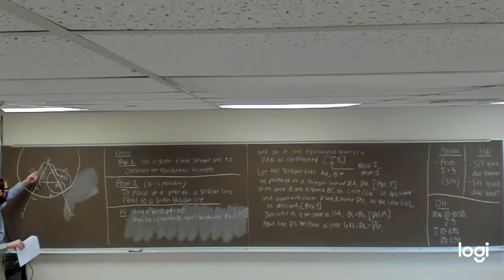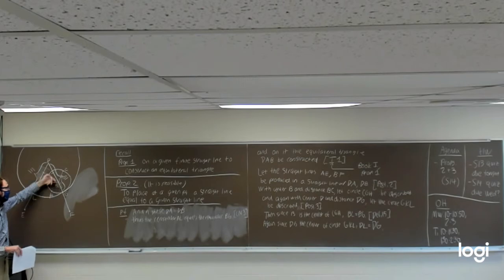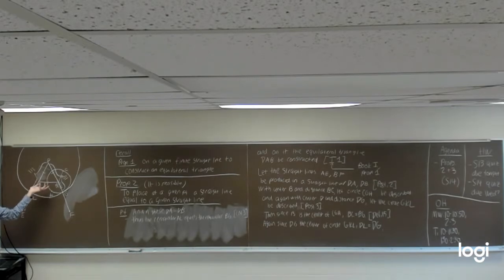Basically saying DL is equal to DG, DA is equal to DB, so if you were to take away DA from DL and DB from DG, the remainders are also going to be equal. Because if you start with two equal things and you take away two equal things, according to common notion 3, what you're left with, i.e. these two segments, should also be equal to one another.